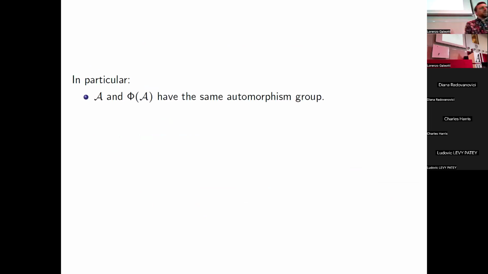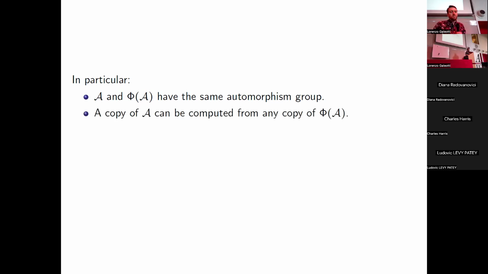So in particular, when you have a reduction of this strong kind, you get a bunch of consequences. The structure and the one you find it in are going to have the same automorphism group. You can recover a copy of the original one from the one you produced from it. So you can computably reverse this operation also.